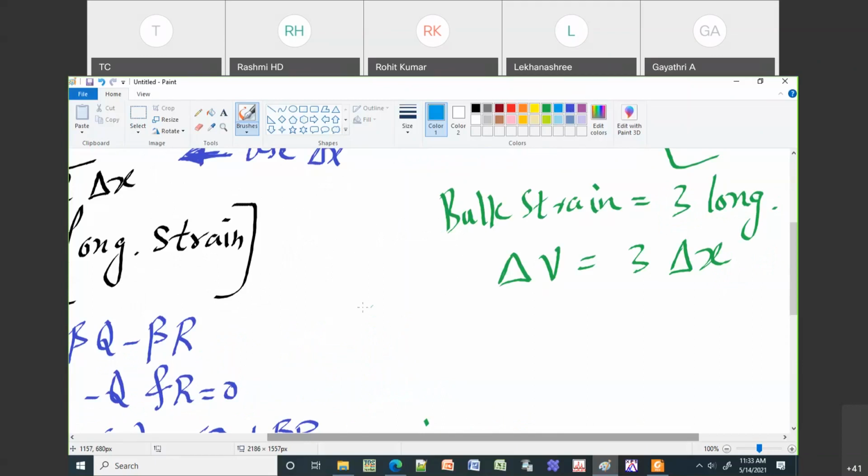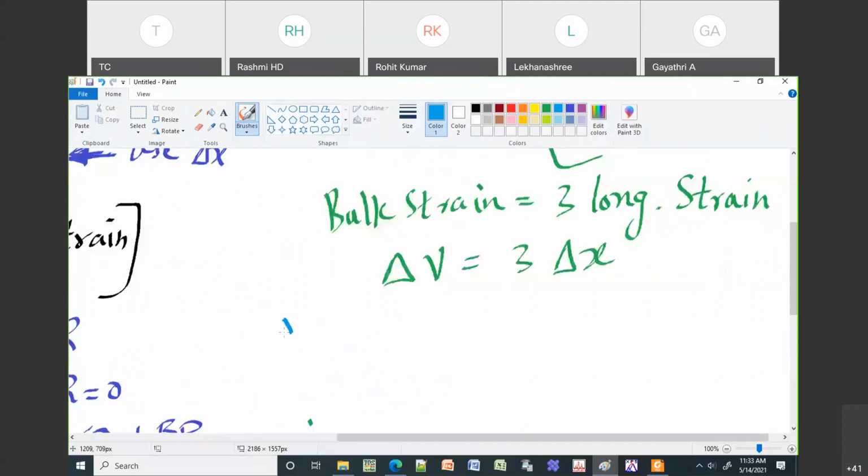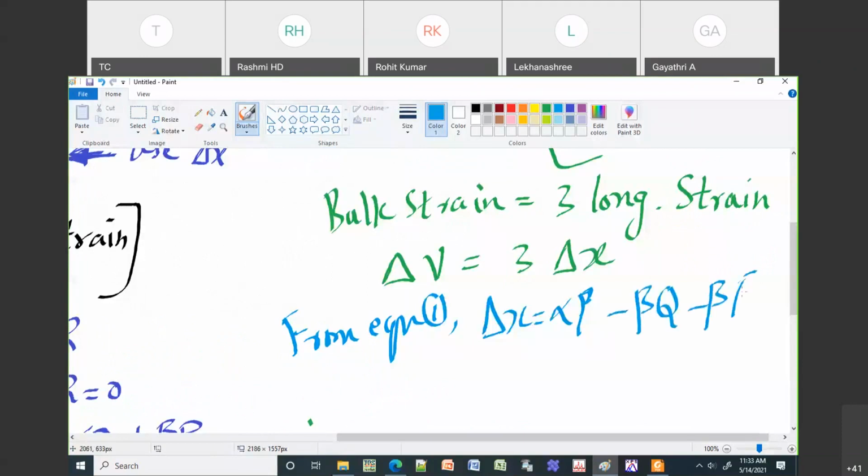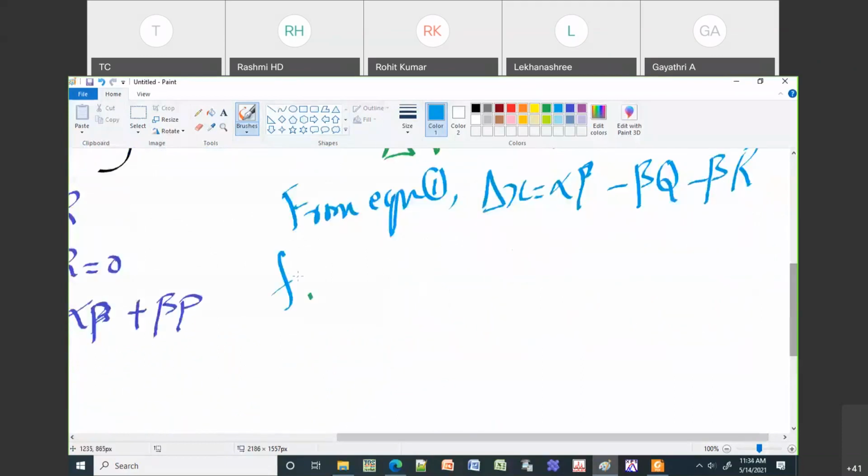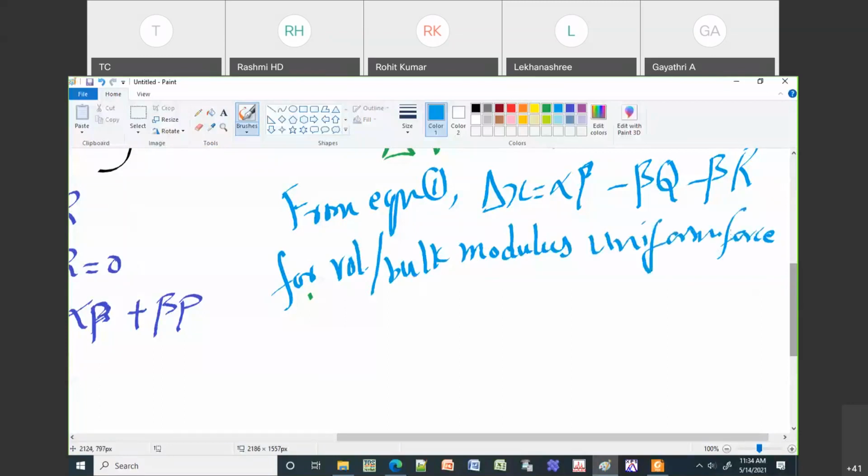Next, we need to use equation number 1. So I will write again from equation number 1. What we have is delta X is alpha times P, minus beta times Q, minus beta times R. Now for volumetric or bulk modulus, you need to have uniform force acting on the body.